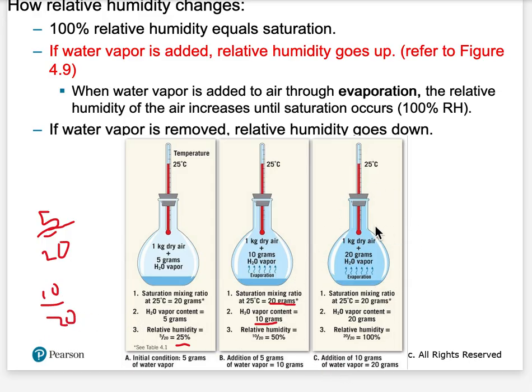And then in the third flask, 10 more grams of water vapor were added to make it 20 grams as the liquid water kept on evaporating. And so now 20 divided by 20 is 100% relative humidity. So again, when water vapor is added, relative humidity goes up.